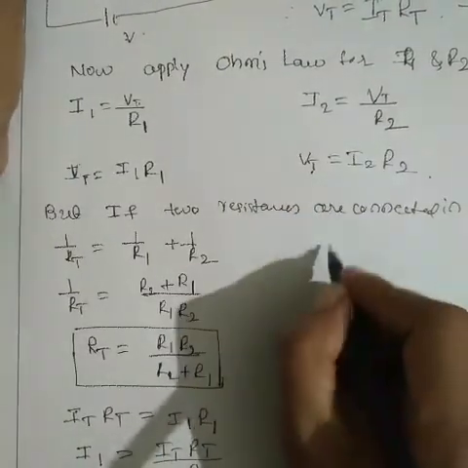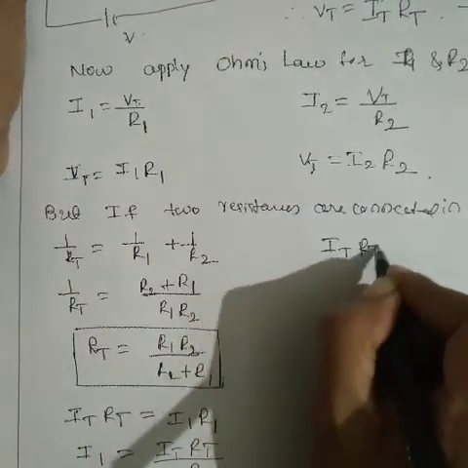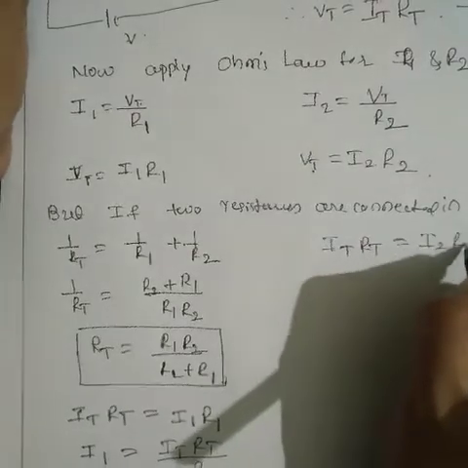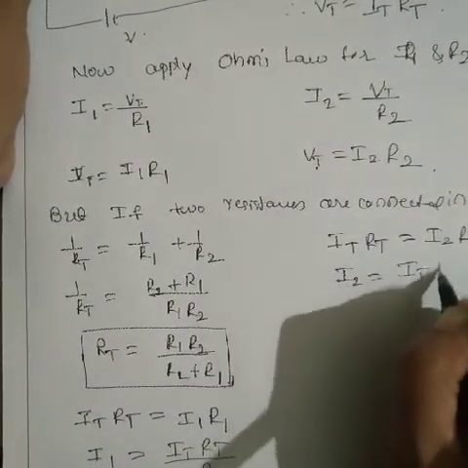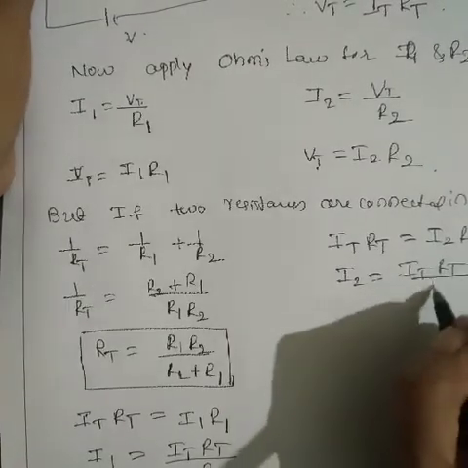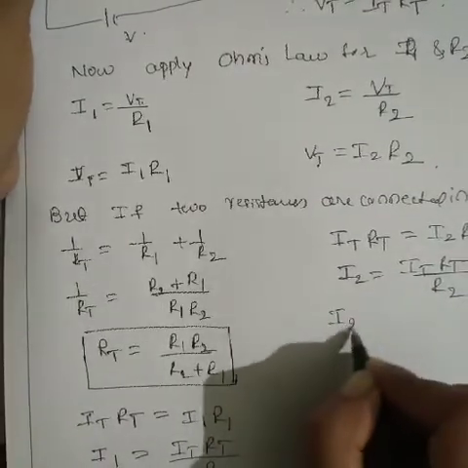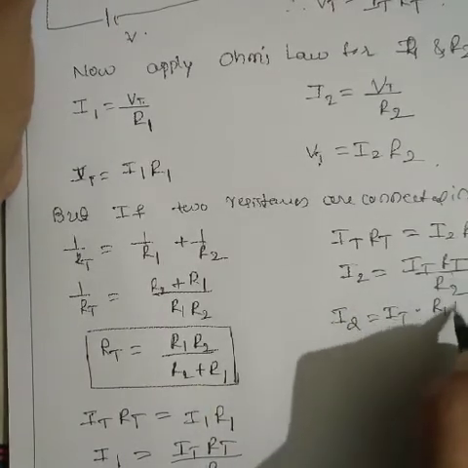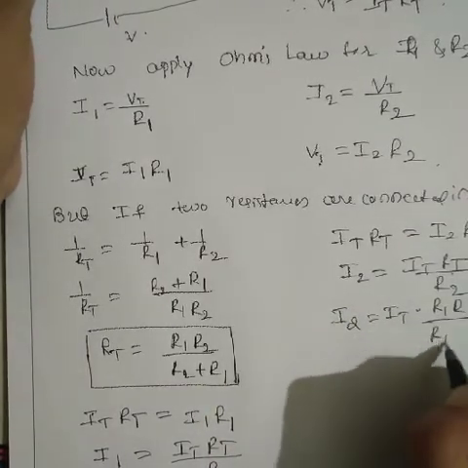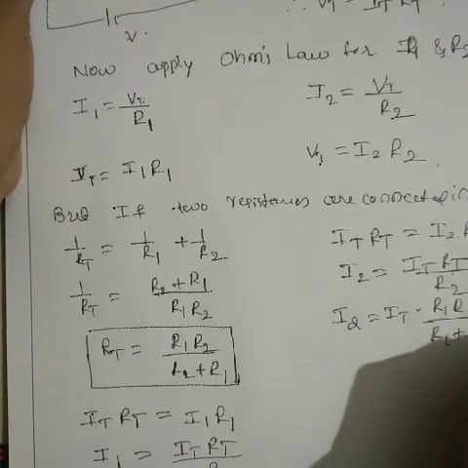Therefore VT you can replace with IT into RT, and I2 into R2 as it is. Therefore I2 is equal to IT into RT divided by R2. RT means R1 into R2 divided by R1 plus R2, times 1 divided by R2.